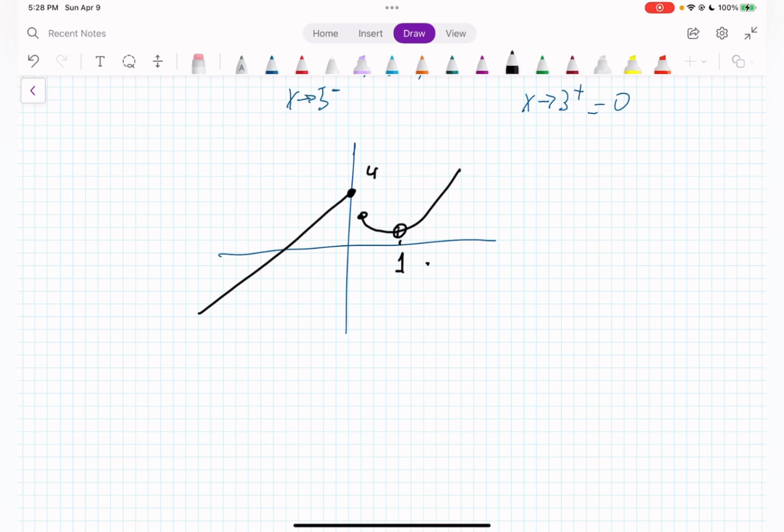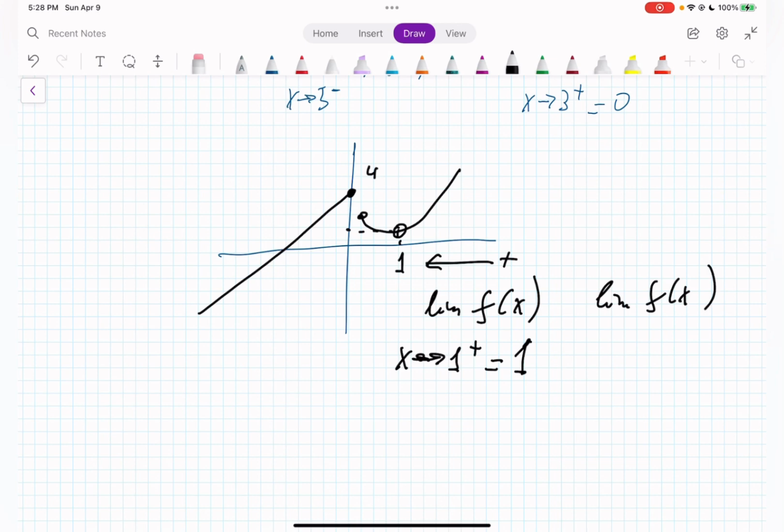So if it comes from here, the positive side, the limit of f of x when x approaches 1 from the positive side, I believe it was 1. We will double check. From the left side, the limit of f of x when x approaches 1 from the negative side.